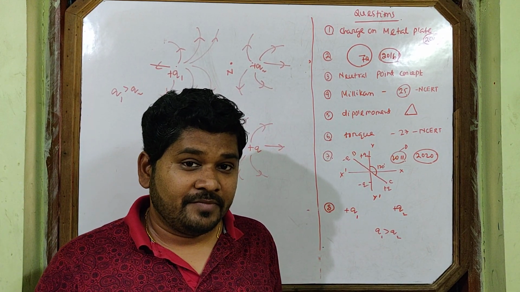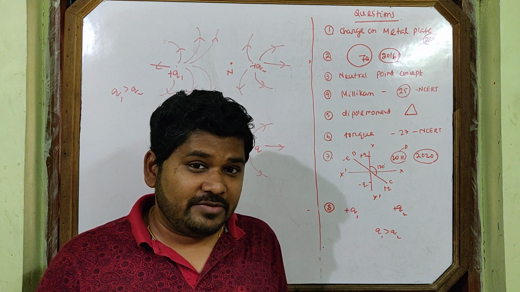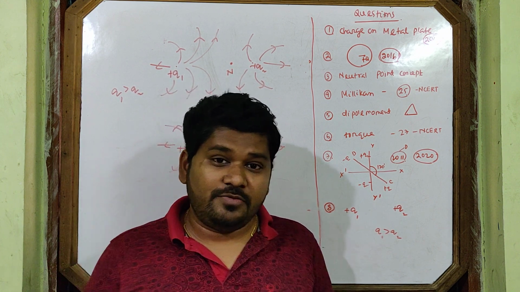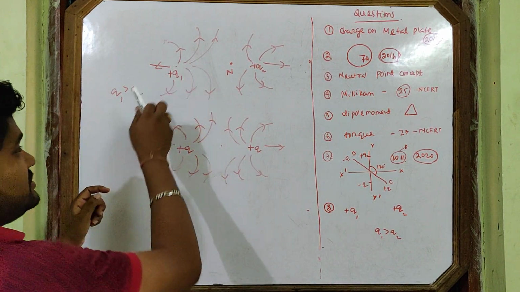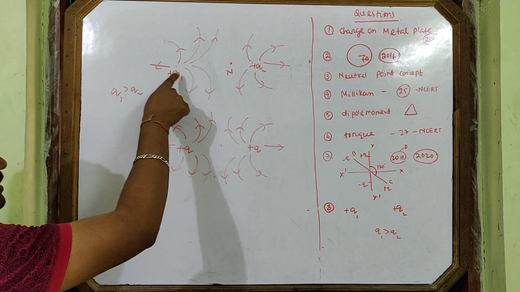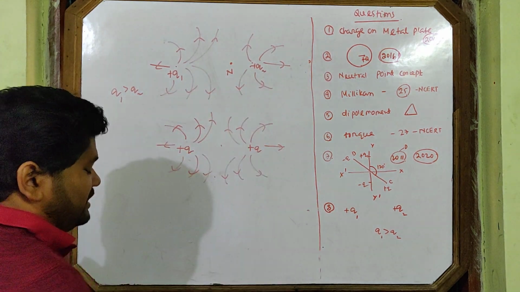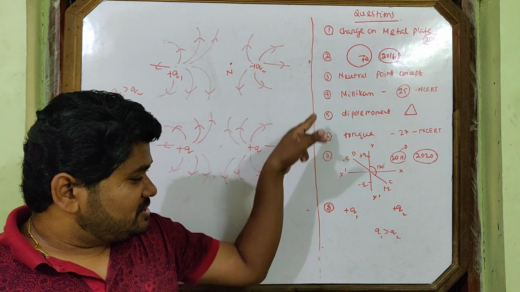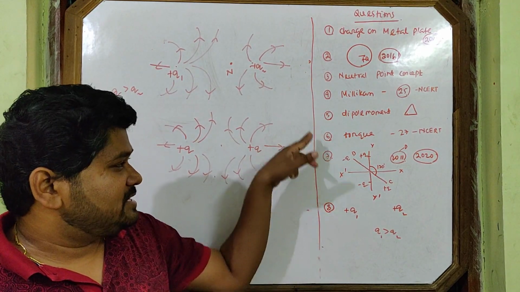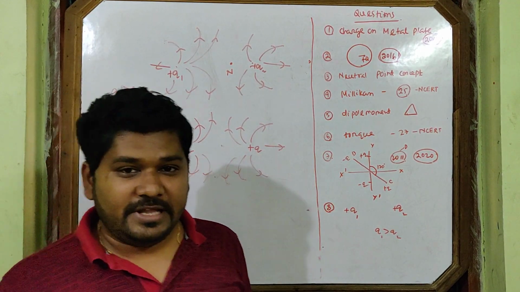Remember this point. As the magnitude of Q1 is more, more lines of force will be linked with Q1 and fewer with Q2.